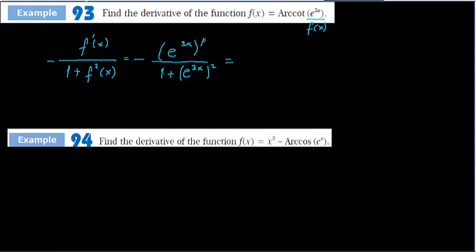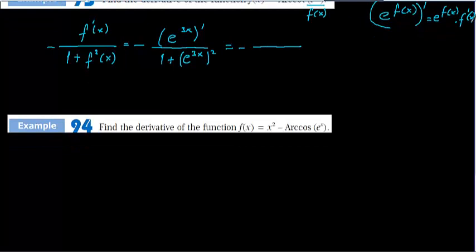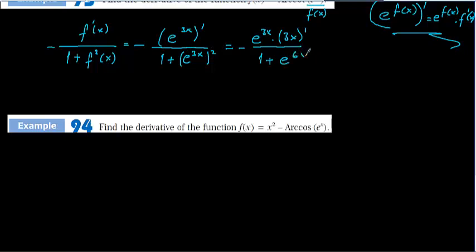Then the derivative of e to the power of x is simple; we shouldn't forget the minus sign. The derivative of e to the power of f(x) is e to the power of f(x) times f'(x). So it is e to the power of 3x times the derivative of 3x, over 1 plus e to the power of 3x squared, which is equal to e to the power of 6x.